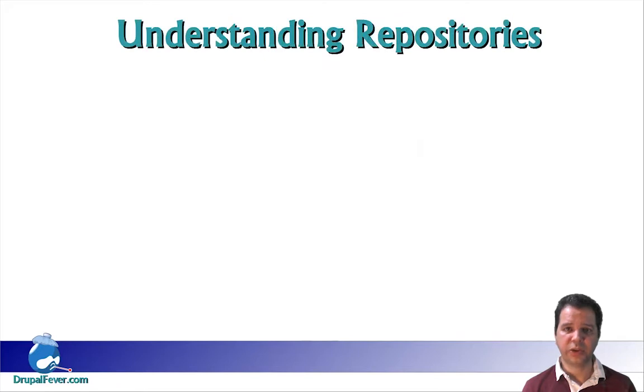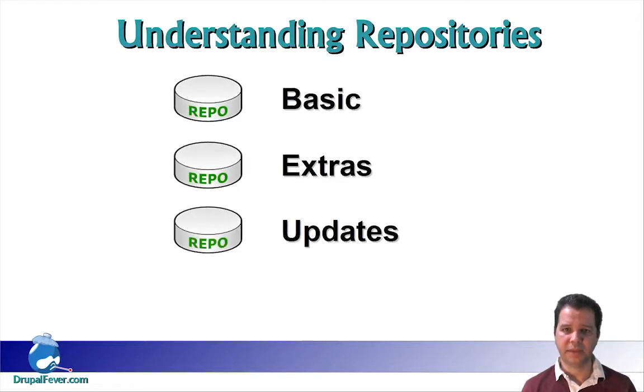CentOS comes configured with 3 default repositories. They are called Basic, Extras, and Updates. You can get most of what you will ever need from these default repositories. However, every now and then you will need to install software from a repository other than the default repositories.